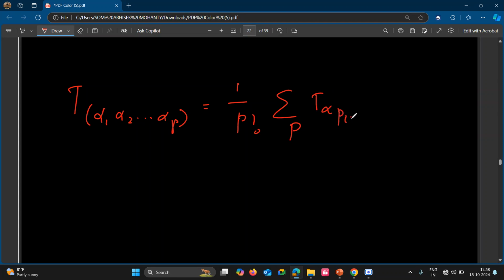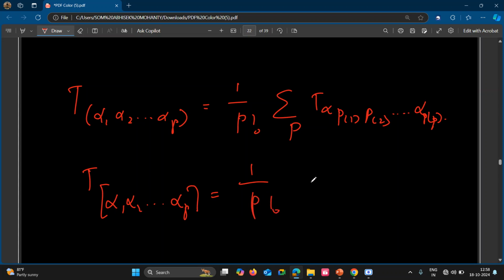T alpha 1 alpha 2 up to alpha p is equal to 1 by p factorial, summation over permutations, of T alpha p1 p2 up to alpha pp. And the anti-symmetrization gives me 1 by p factorial, summation over permutations, of minus 1 to the power p, T alpha p1 p2 up to alpha pp.